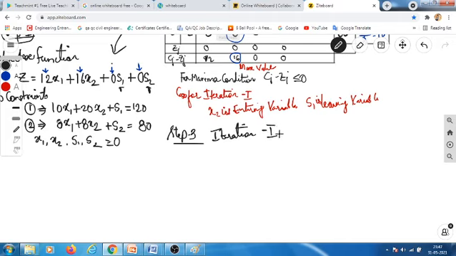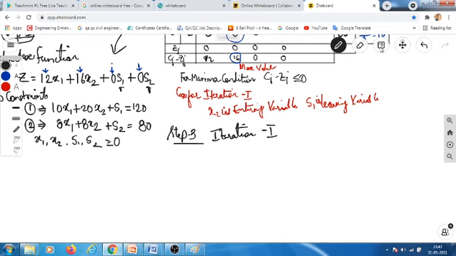The meaning of iteration is nothing but repeating. Till when will we repeat this table? Till all values of Cj minus Zj are less than or equal to 0.